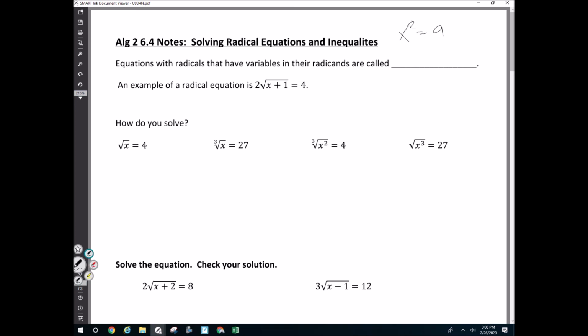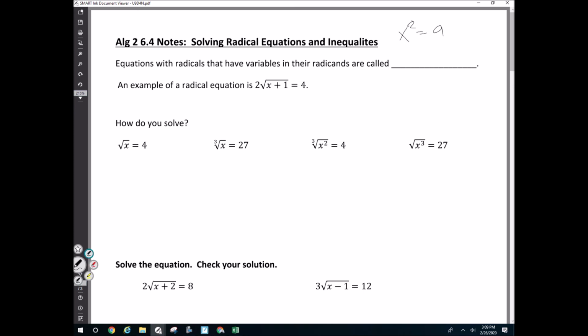How do you solve x squared equals 9? Please talk to your neighbor. What do you do? Mr. Garcia, what do you do? Mr. Sarepta, what do you do?